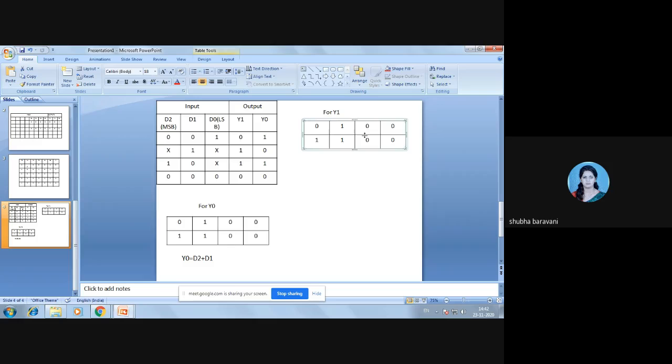So y1 is 1 for these two. It is 0 here. However, here it is 1. Check your K maps, everyone. See, if I am wrong, you can let me know, huh?